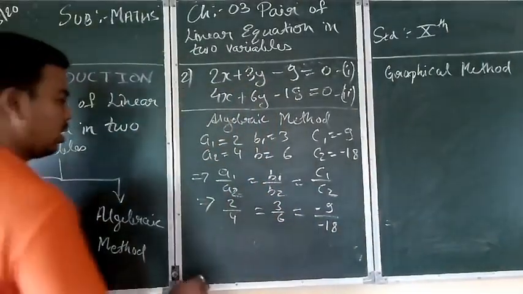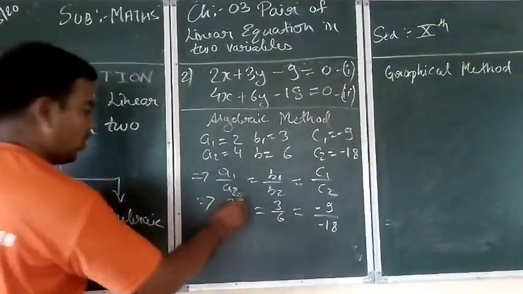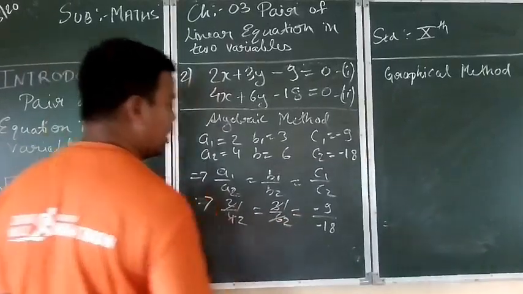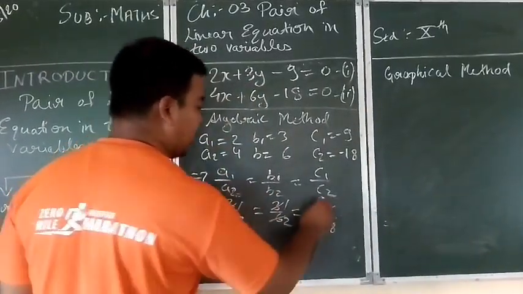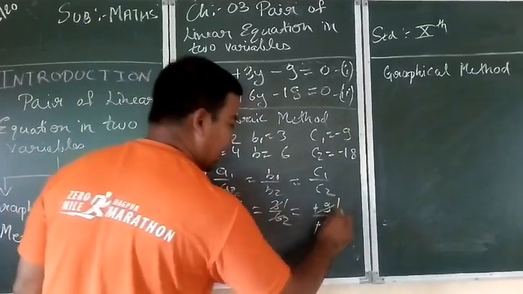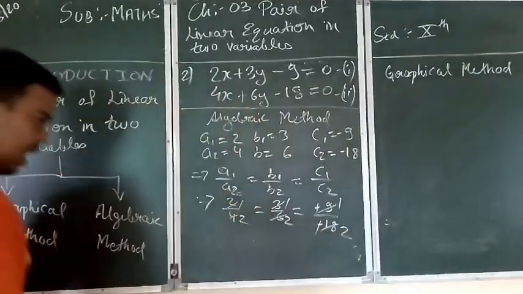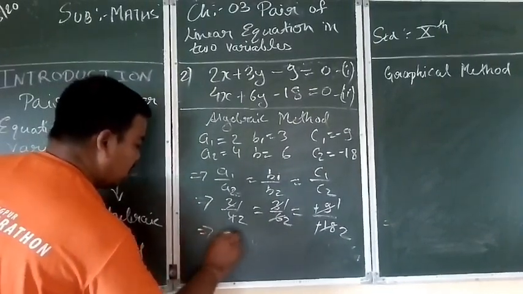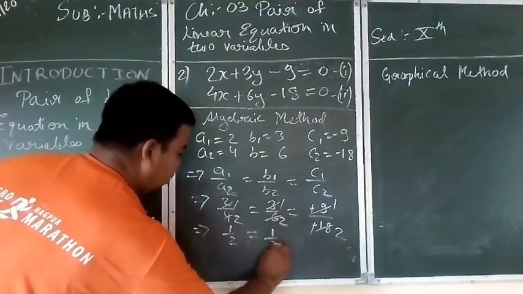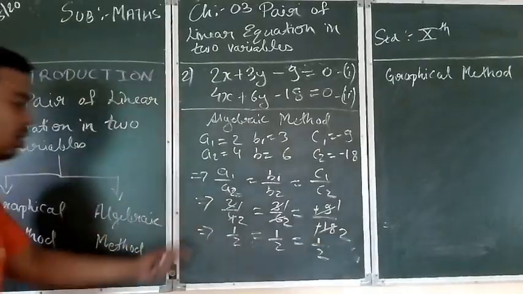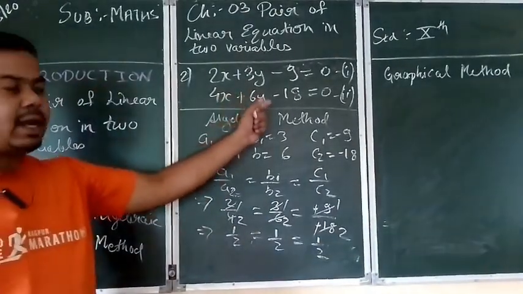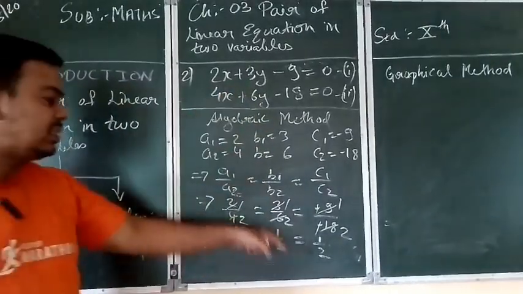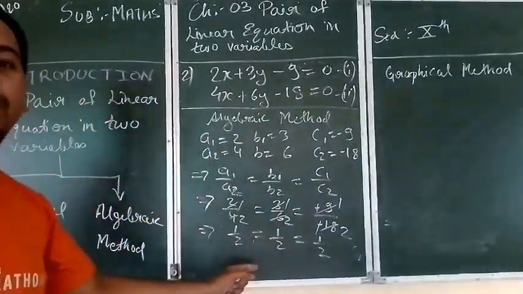Now 2 ones are 2, 2 twos are 4, 3 ones are 3, 3 twos are 6, and 9 ones are 9, 9 twos are 18. So 1 by 2, 1 by 2, 1 by 2. See here, all three ratios, A1 by A2, B1 by B2, and C1 by C2, are equal: 1 by 2, 1 by 2, 1 by 2.